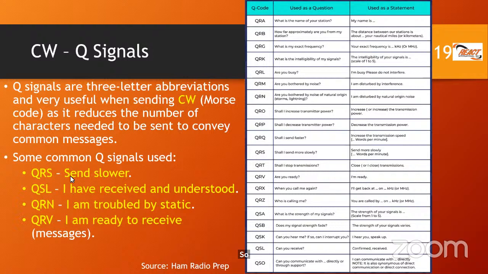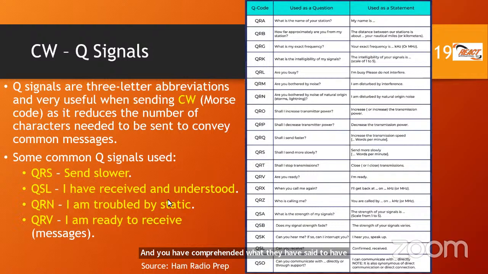QRS means send slower. QSL means I have received and understood what you have said, right? So somebody is giving you a message, you say QSL. That means you acknowledge and you have comprehended what they have said. And then there's QRN.